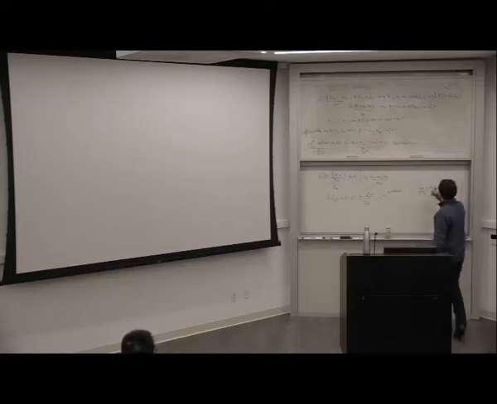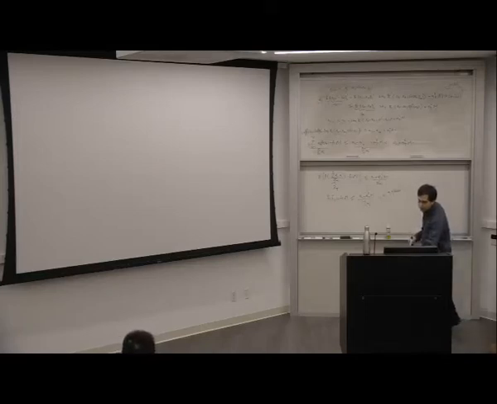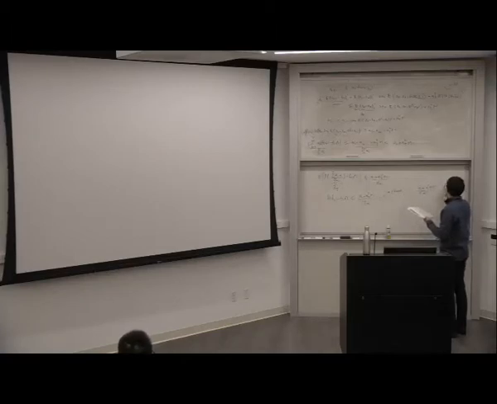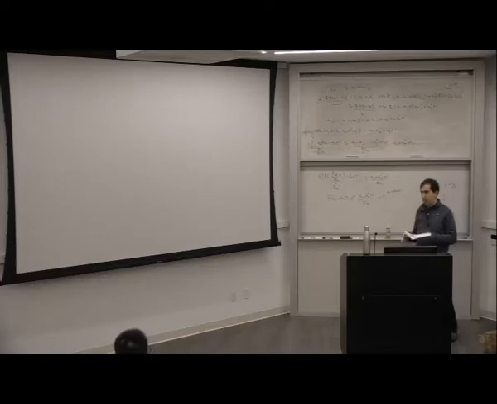And then you can optimize over alpha. The optimal choice of alpha star is something like 1 over square root t. When you plug that in, you will see that the convergence rate becomes 1 over square root t, and that's what we get.